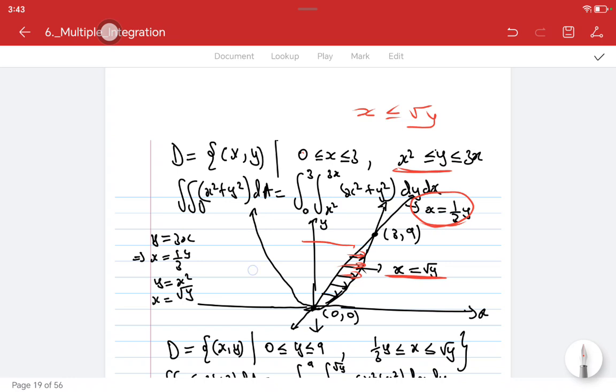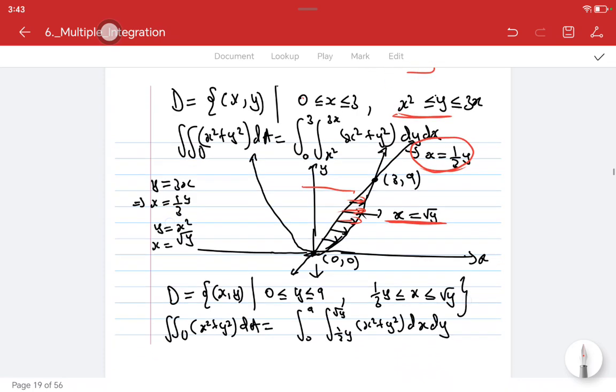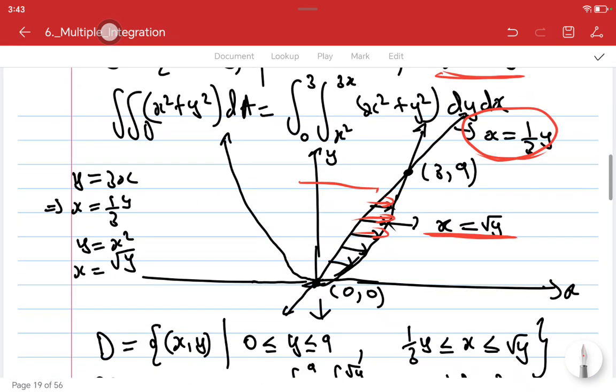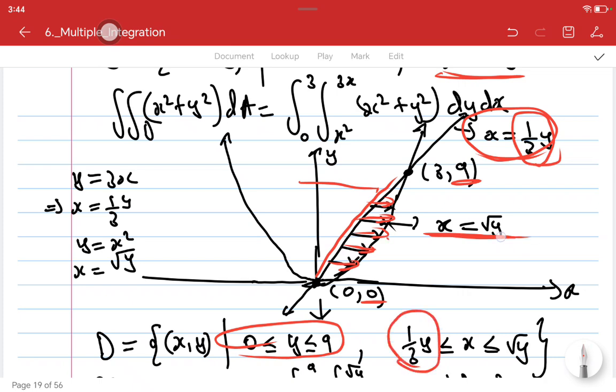Then when you look at the graph, we see here that for y, it's from 0 to 9. Then this one for the graph now, since this graph is y over 3, you write y over 3, up until root of y.